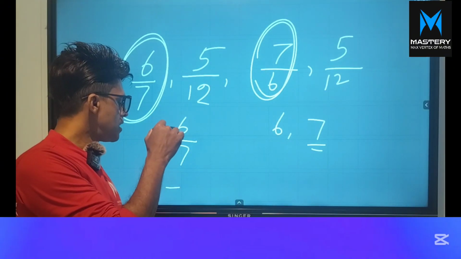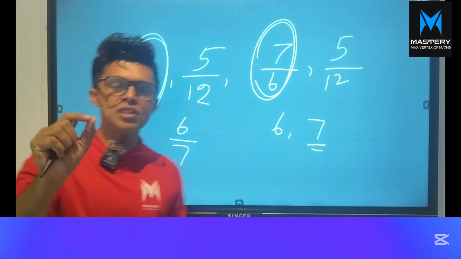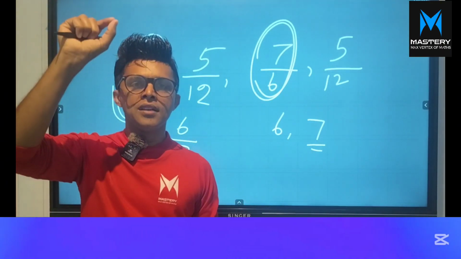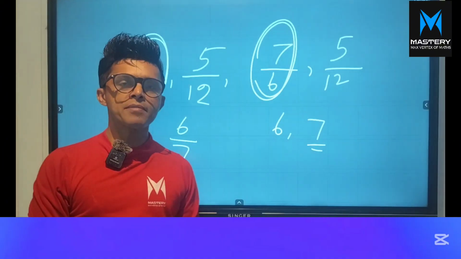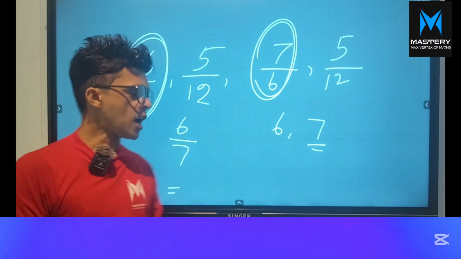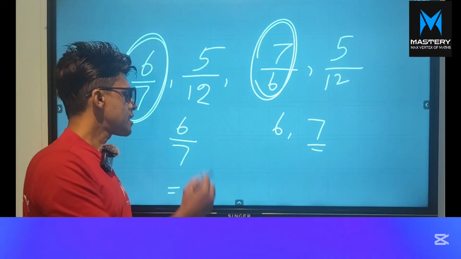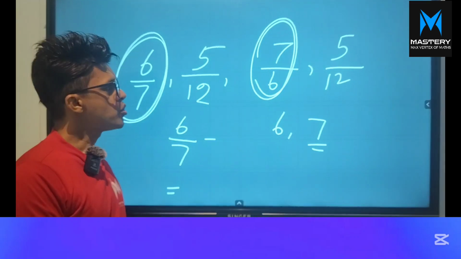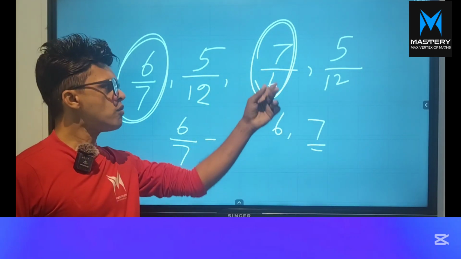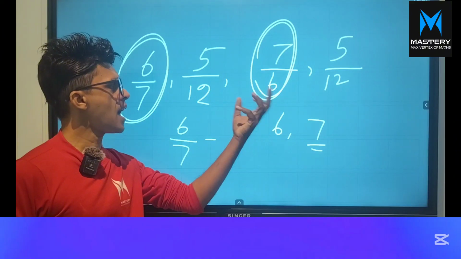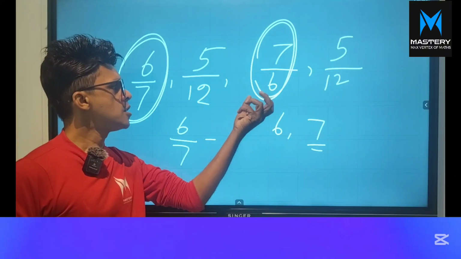Then if the denominator is greater than numerator, then that type of fraction, 6 over 7 here, is a proper fraction. But 7 over 6 cannot be considered as a proper fraction.